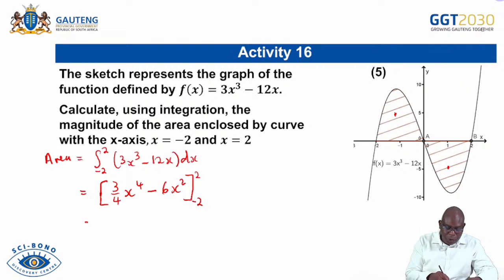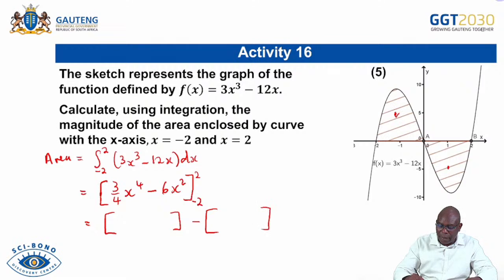Now, if I substitute here, remember what do we have? I have the area above the x-axis and the area below the x-axis, but I want the combined area. So what must I do here? I substitute now.